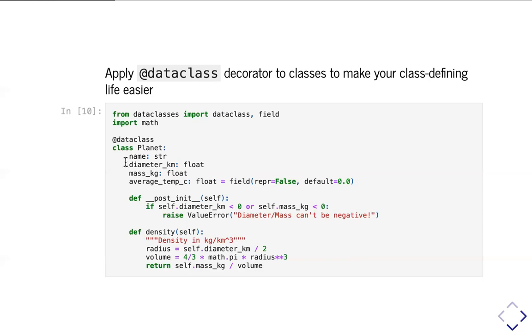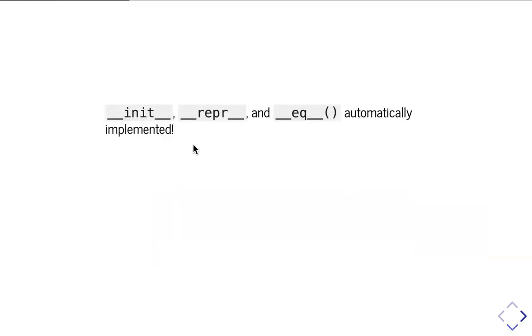So this is pretty much all done. The dunder init is already written. There's also a post init that's introduced, so you can check whether those values were right. This is just an extra function, but this would all work. And so essentially the dunder init, dunder repr, and dunder eq for equality are automatically implemented with a data class.